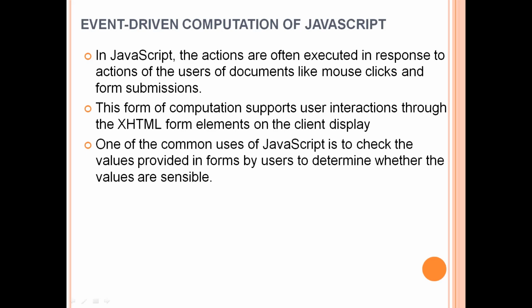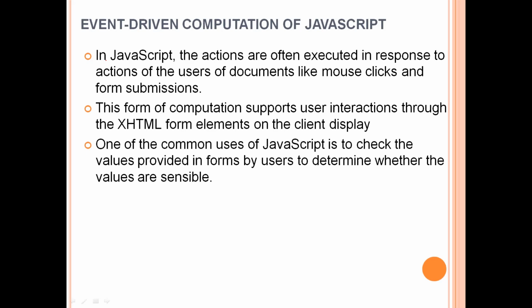Event driven in the sense it is capable of handling events, like when a user clicks the mouse button, some events are generated. Those events can be handled in JavaScript, and that is the reason it is called an event driven programming language.